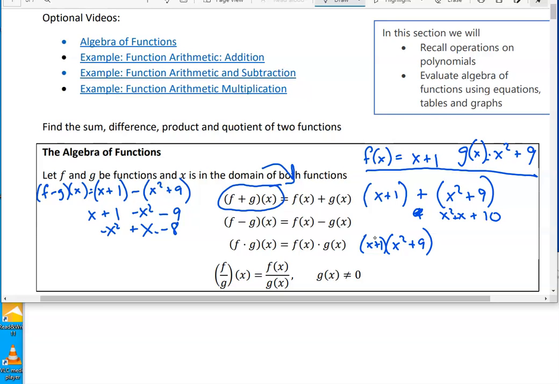If we want to multiply it out, let's just go ahead and multiply it out. That becomes, let's see, x times x squared gives me x cubed. x times 9 gives me plus 9x. See how I did the x times both those things? And now I do a plus 1 times both those things. Plus x squared, plus 9.